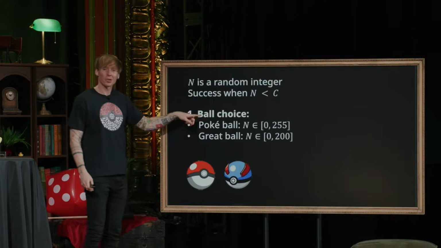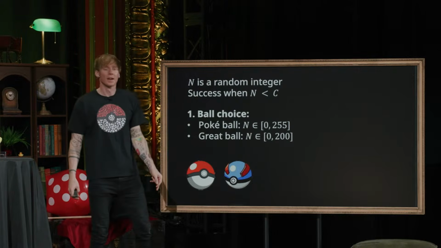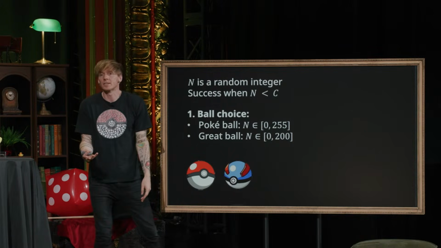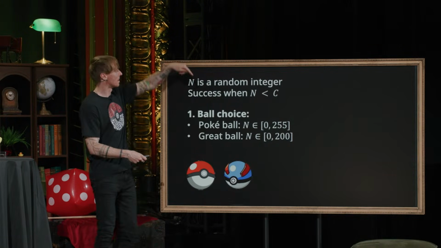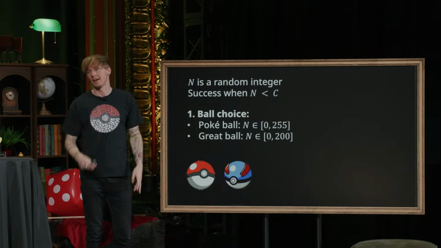But what we can see about the Great Ball is that now our random number n is drawn from a smaller range. Rather than going all the way up to 255, if we use the blue one, the Great Ball, we only go from 0 to 200. So using the Great Ball means there's a higher chance that we get a small number. And remember, small numbers are what give us success, regardless of the value of c.